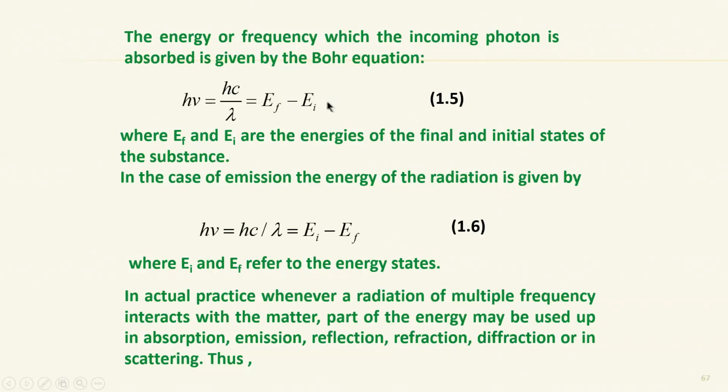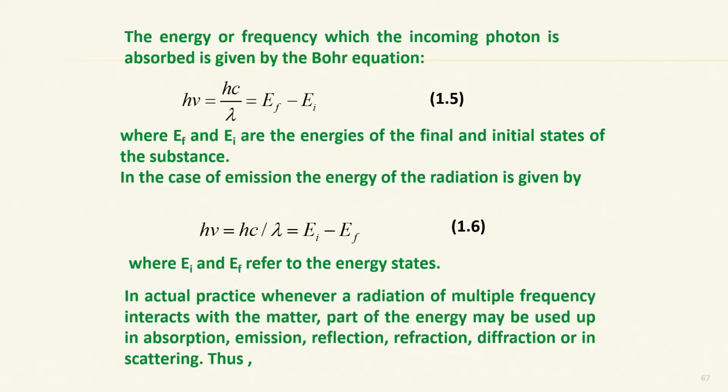So, this delta E is the energy that is to be matched by the electromagnetic radiation as well as the particulates that are interacting with it. This equation is known as Bohr's equation. In this equation, EF and EI are the energies of the final and initial states of the substance.